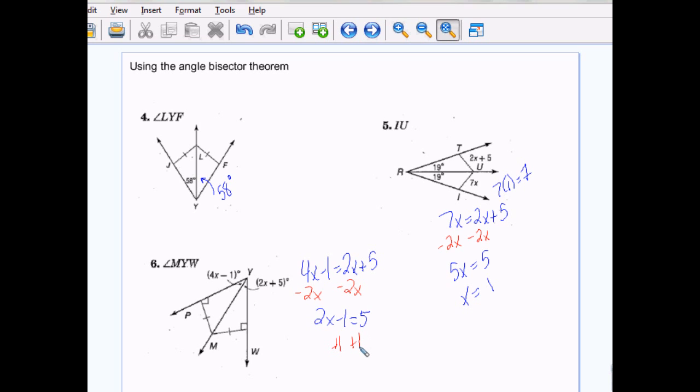Plus 1. Where are we at? 2x equals 6. We're on the same first page. So x is 3, and we want to find my w, so that's the 2x plus 5. So 2 times 3 plus 5 is 6 plus 5, so this is 11 degrees.